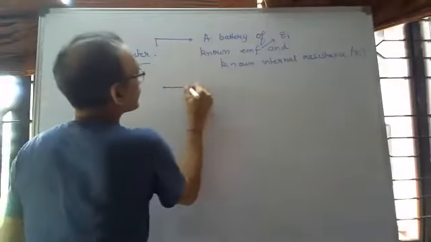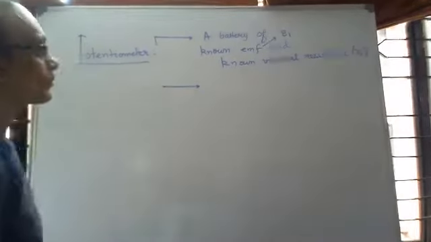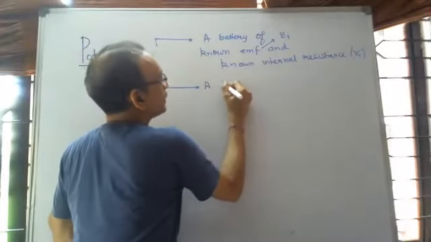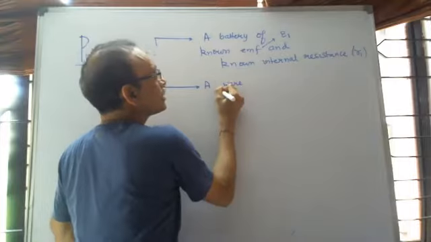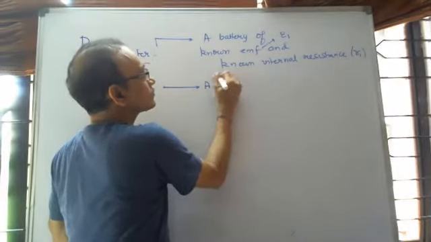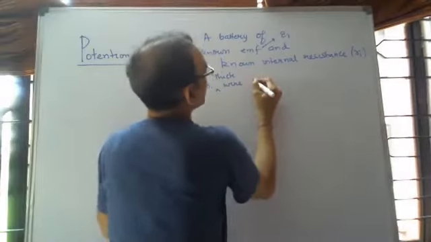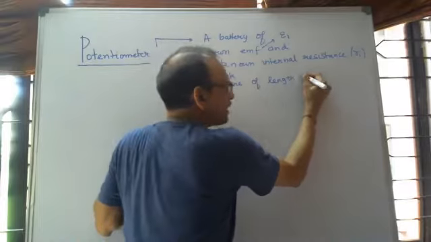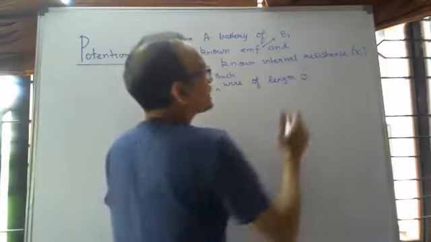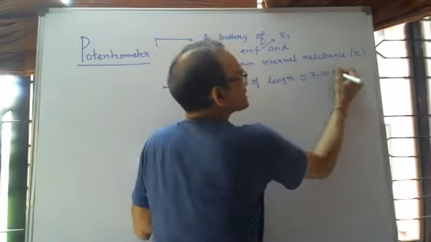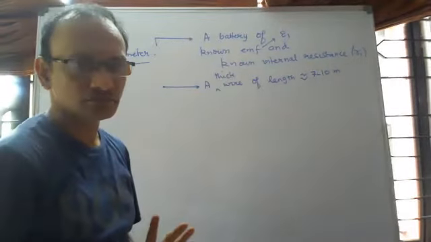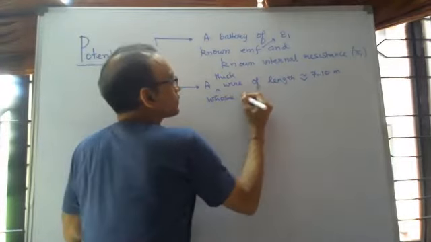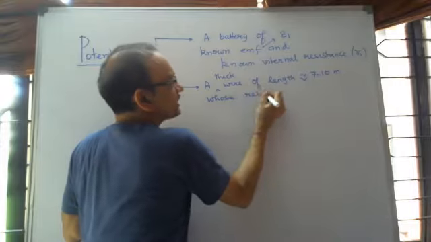Second, a thick wire of length, generally, roughly, say 7 to 10 meters, whose resistance we know or can calculate.